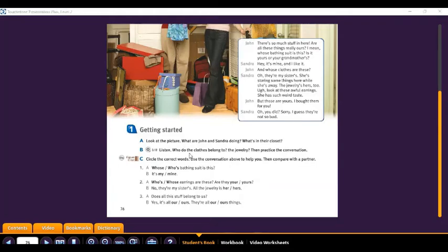Number 2, Elizabeth. Whose earrings are these? Are they yours or you're? Oh, no, they are my sister's. All the jewelry is her or hers? Whose? Okay, then you or yours? Yours? Okay. The other one, her or hers? Hers.